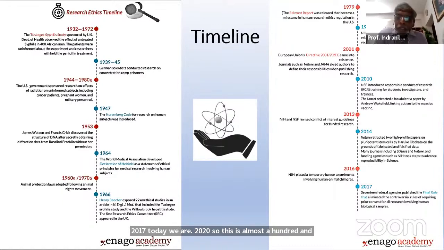It is but natural that what was construed as ethical or unethical almost 90 years back may have changed down the line. So it is important that we keep on updating ourselves, keep on discussing, and keep on figuring out what would be the ethical practices, what would be the research ethics as on date.